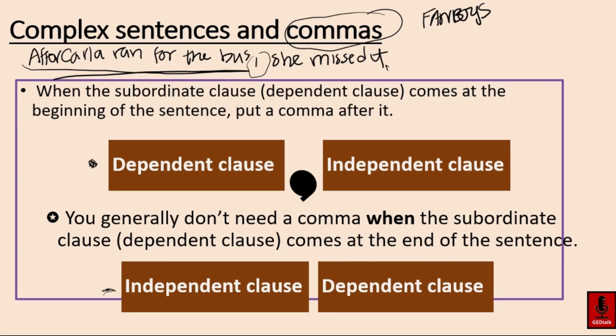You just basically flipped the two different parts of your complex sentence, and we just had to reword it because remember, we're not going to automatically introduce a pronoun without first introducing the noun it's going to replace. So that's why when I did the flip, I said Carla missed the bus after she ran for it, because I'm not going to say she. Who is she? Well, Carla. What is it? The bus. So we introduce the noun first before we bring in pronouns.